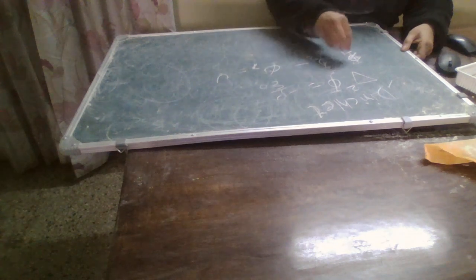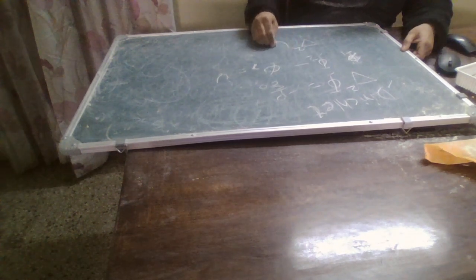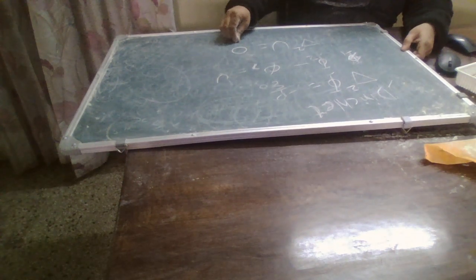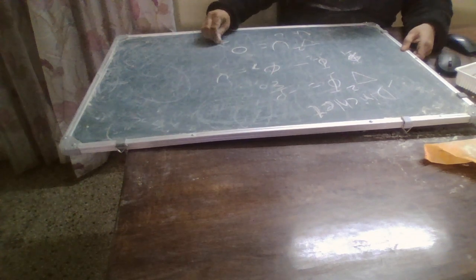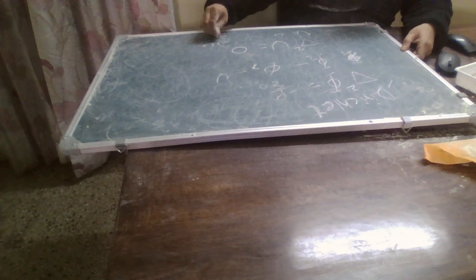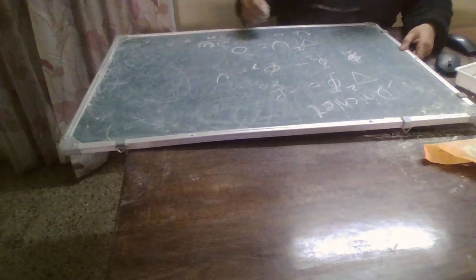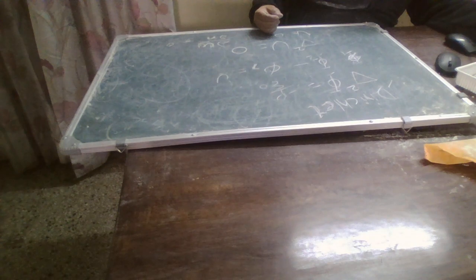So the Laplacian of u is equal to 0 inside V, and u is equal to 0, or the partial derivative of u with respect to n is equal to 0, for the Dirichlet and the Neumann boundary conditions.